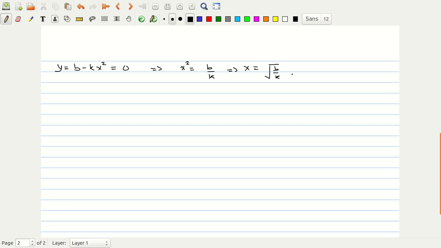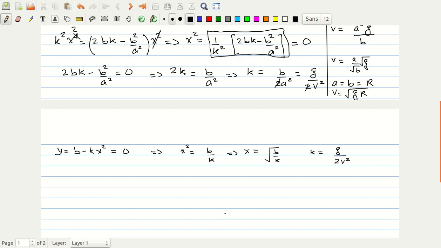But we already know that what is k? k is simply g divided by 2v square, right? So we put this value over here, or we can actually look at what is going to be b by k from this equation over here, right? b by k is actually equal to 2a square, right? You know that 2k is equal to b by a square.